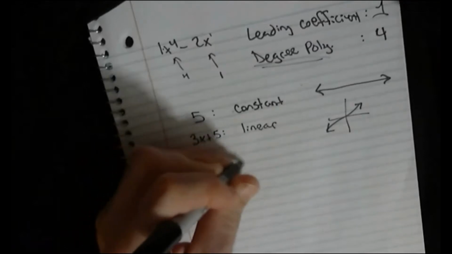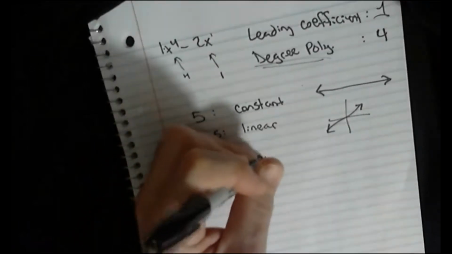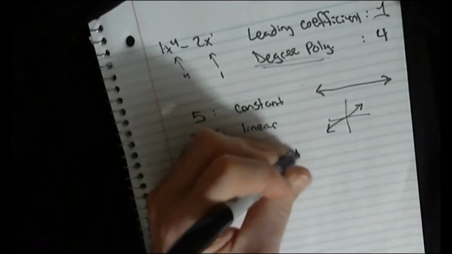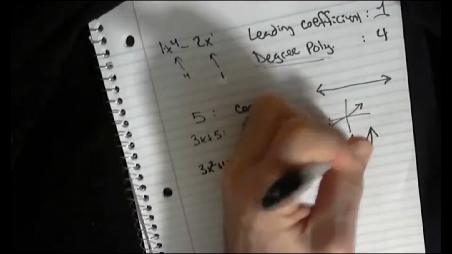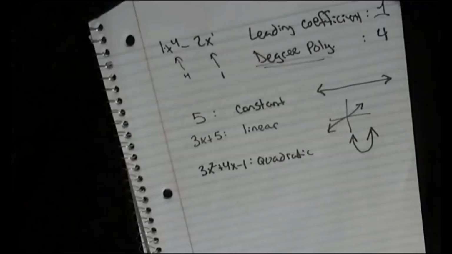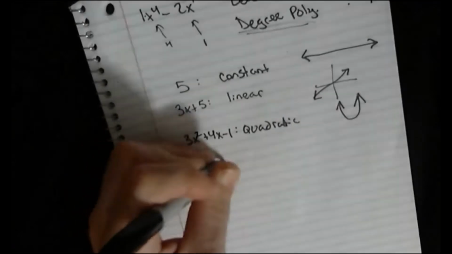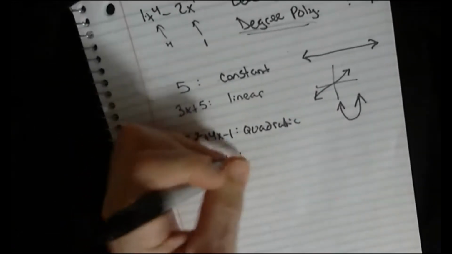If you have an x squared, this is called a quadratic. And a quadratic will always make some kind of parabola. If you have an x cubed, that's called a cubic function.